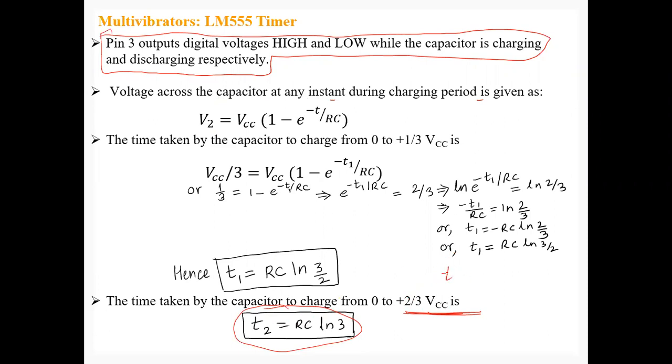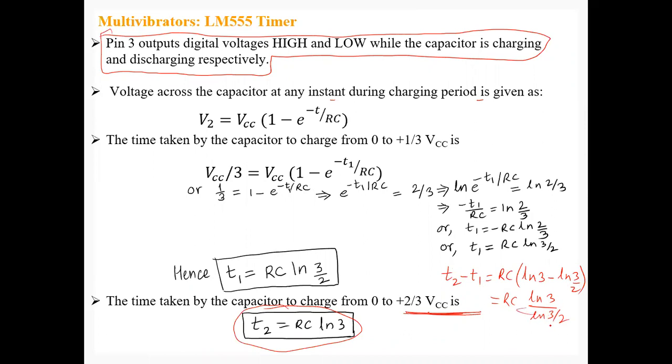Help me here. What is the difference between T2 and T1? So RC ln 3 minus ln 3 over 2. So what do I get here? RC ln 3 over 3 over 2.